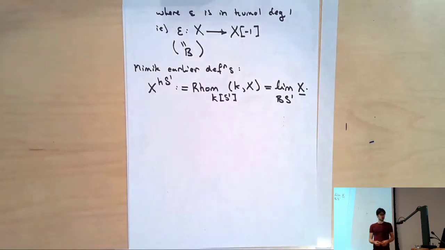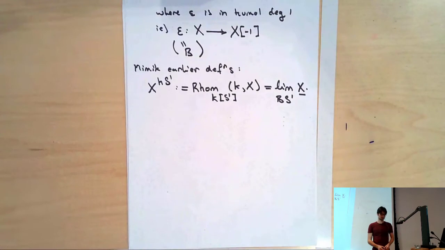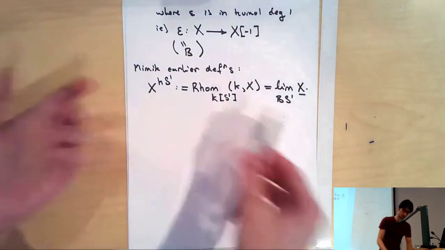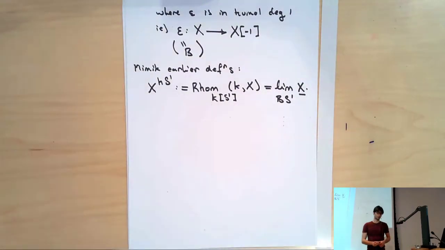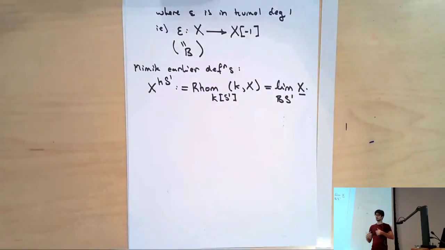So we can mimic these earlier definitions, and I can define the cohomology of this circle action on my complex, either in an algebraic way, or, as I say, in this more topological fashion of taking the limit over the diagram indexing my object.